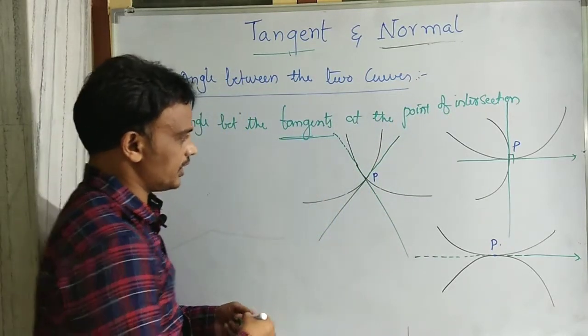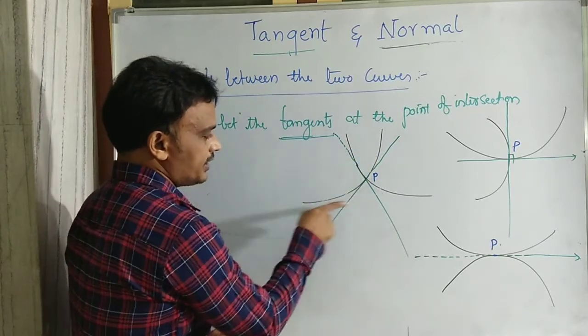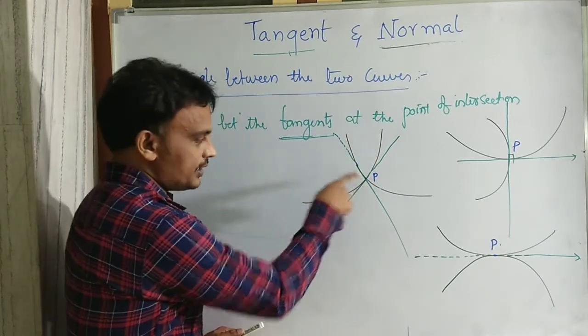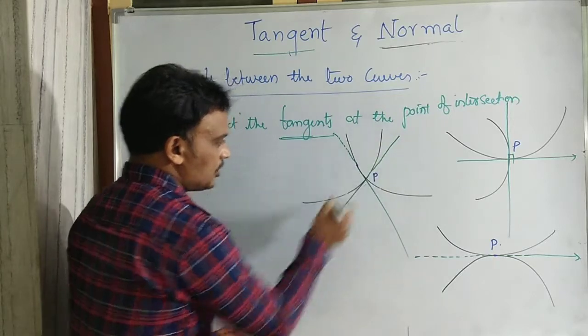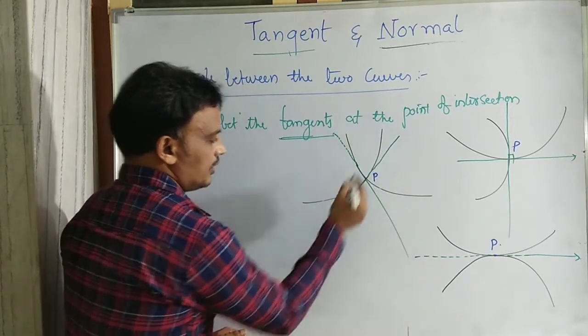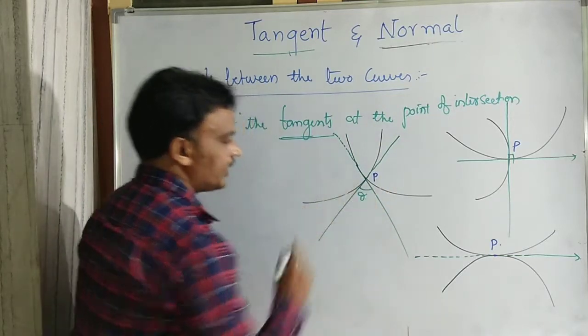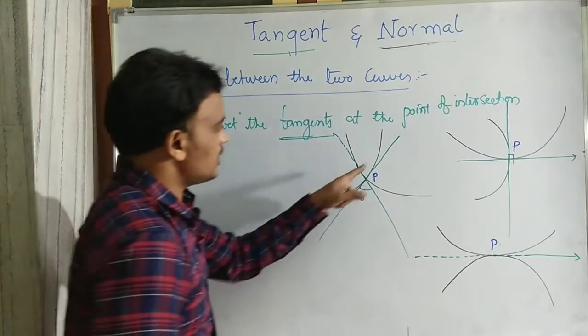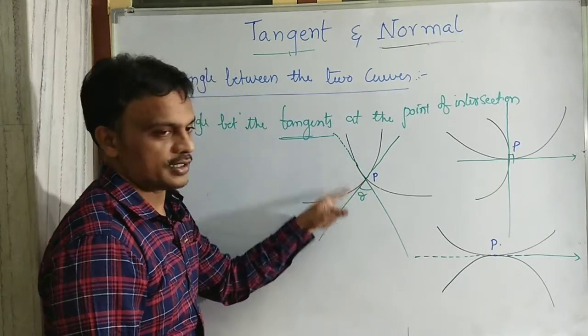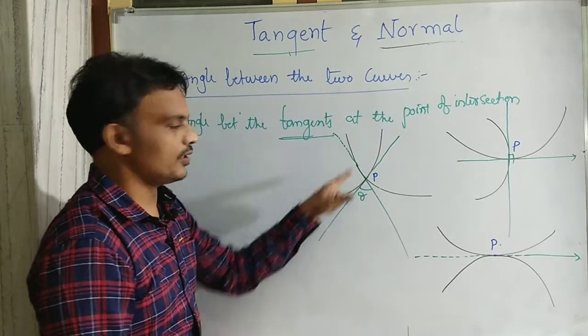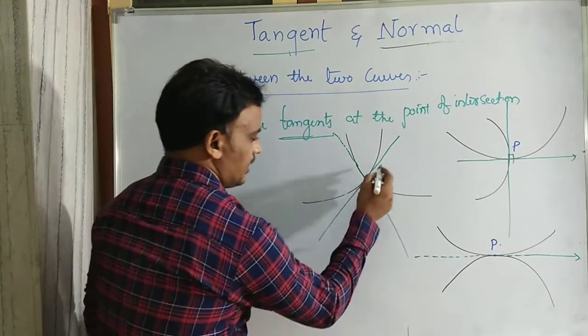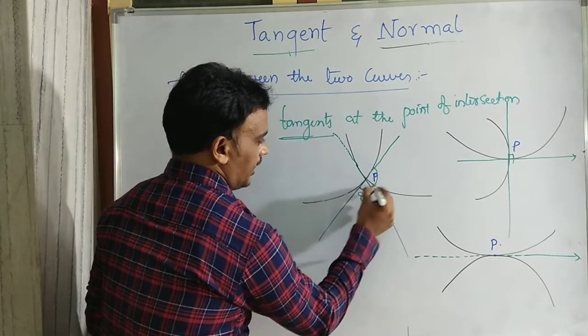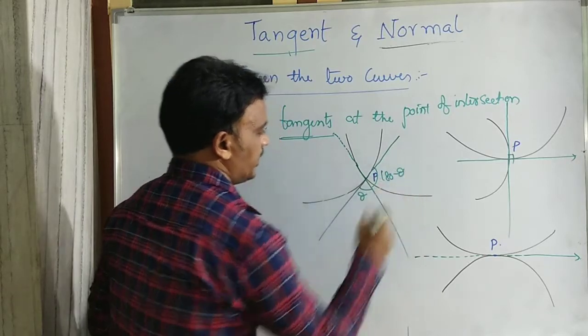Coming to the first case, these two curves are intersecting at the point P. At that point P, I draw the two tangents to the two curves. Theta is the angle between the tangents, which is nothing but the angle between the curves. One angle is theta, which is obtuse here, and the other angle is 180 minus theta.